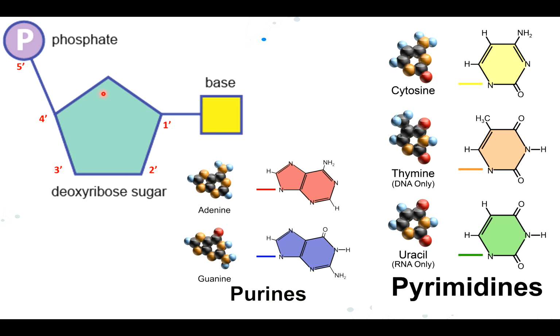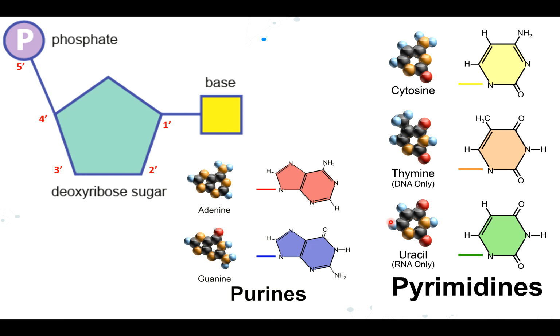Okay. In this slide, you can see that bases are categorized into 2 types. You can see there are double ring structures and single ring structures. The double ring structures are called purines, and the single ring structures are called pyrimidines.